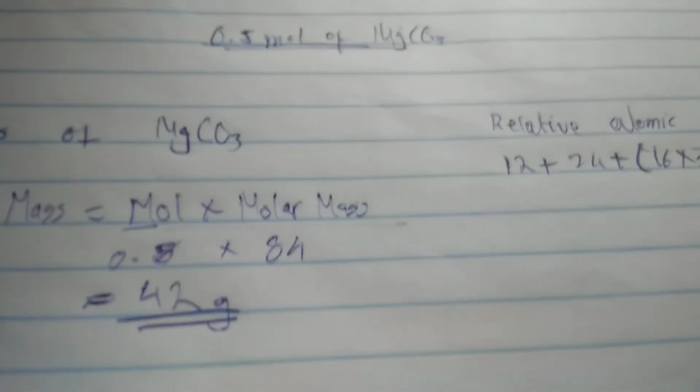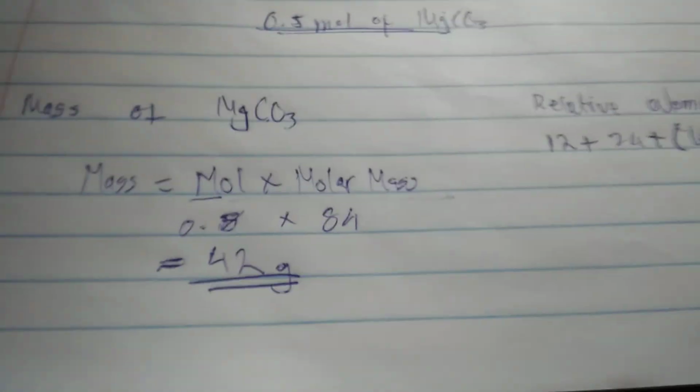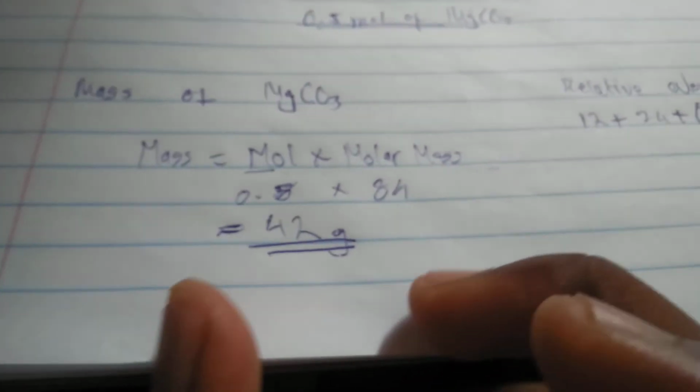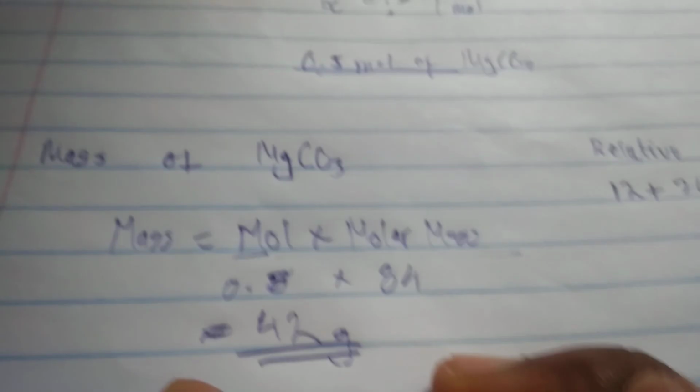So this is the end of our question. In simple terms, the question was simply asking us to find the moles of the acid which was used in the reaction to produce magnesium chloride. And after finding the moles of that acid, we then have to find the mass of the magnesium carbonate which was used.